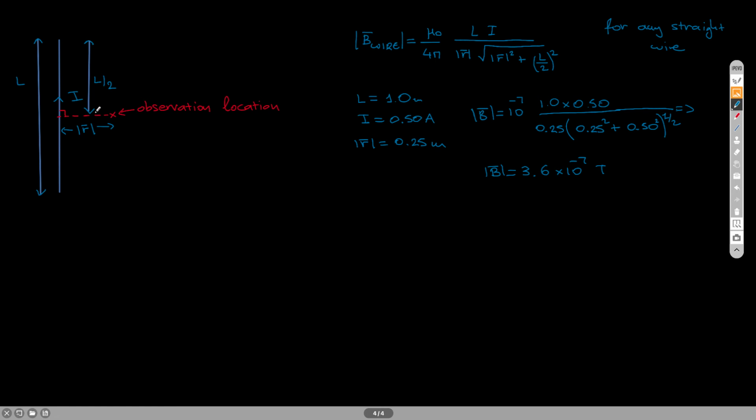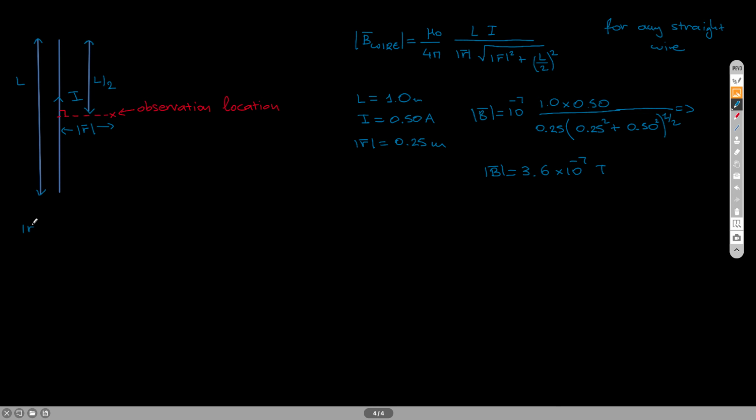How do you know when you have a very long wire, and how do you know when the wire is not very long? It is all a matter of comparison. In this case, I'm comparing two distances, two lengths. When you compare the distance of the observation location from the midpoint of the wire to the length of the wire, that's how you know whether the wire is very long or not.